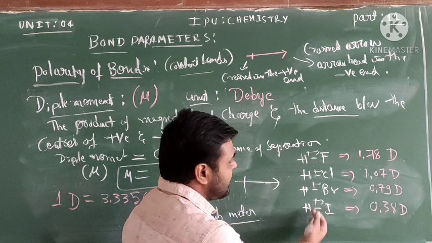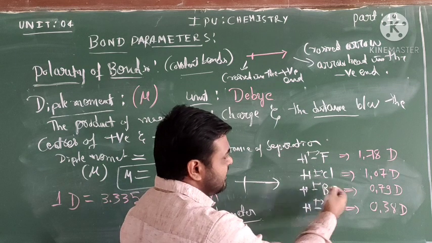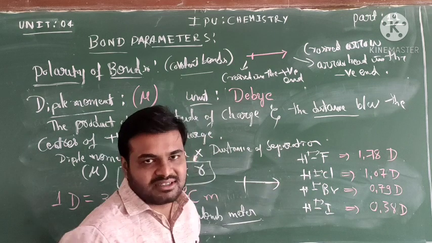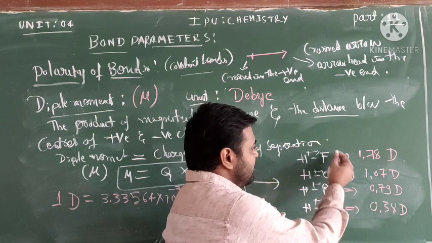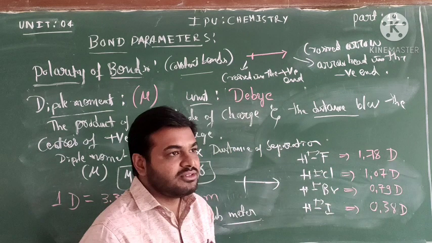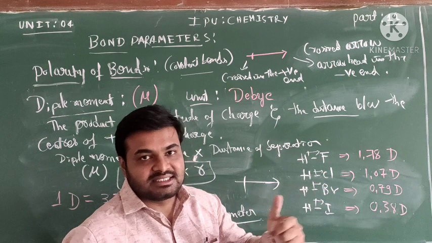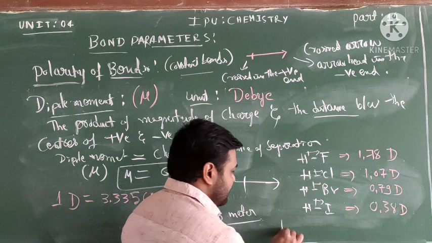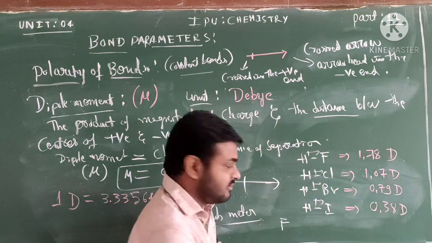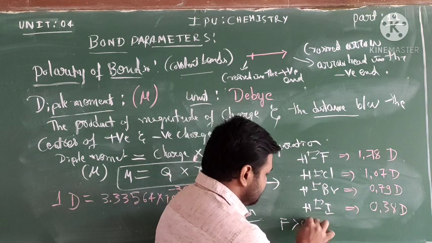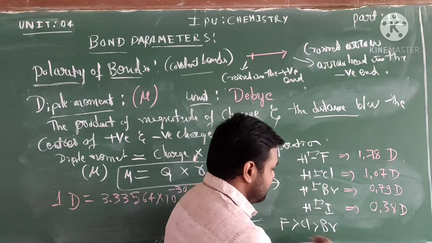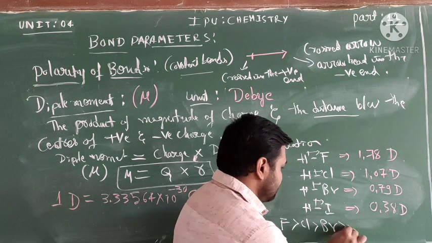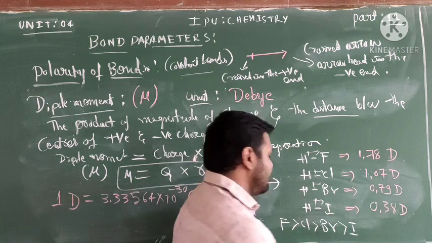See here, the examples HF, HCl, HBr, HI. All have the same H atom, so only concentrate on fluorine, chlorine, bromine, iodine. Already you know that fluorine is more electronegative than chlorine, chlorine more than bromine, and bromine more than iodine.